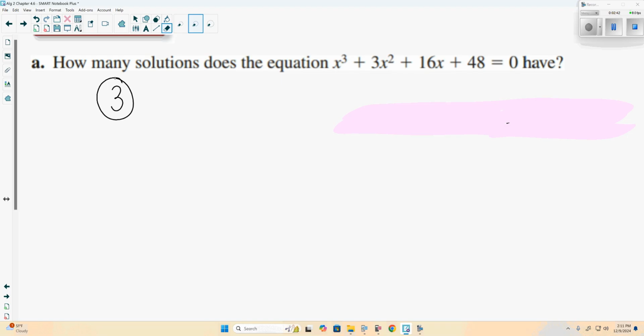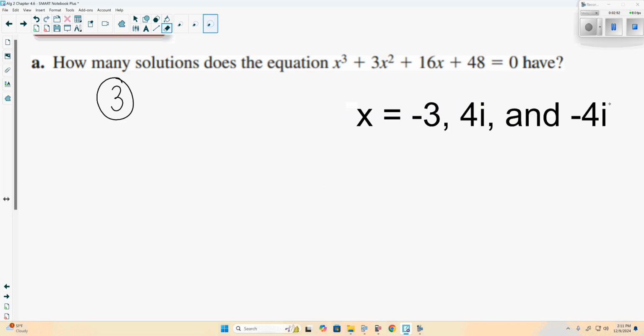It's going to be 3, because again, according to the fundamental theorem of algebra, the number of solutions is equal to the degree. Now, if we went and found those solutions, the solutions would be negative 3, 4i, and negative 4i. We're not solving here. We're just trying to state the number of zeros, the number of solutions. It's 3. And we do indeed have 3.